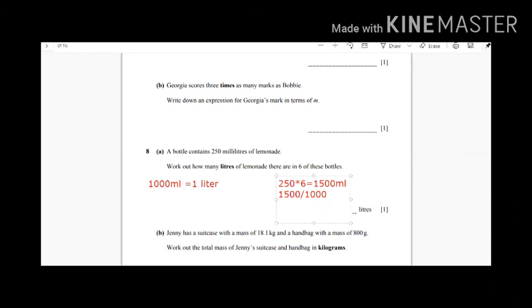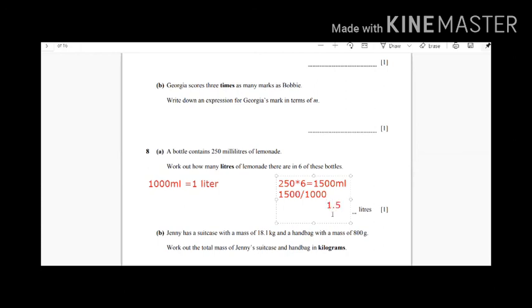No, not 15. If you divide by 1000, just shift the decimal to the left side. How many places? If you divide by 3 zeros, of course you will shift 3 times to the left. So from here, 1, 2, 3. The answer is 1.5. Got it?